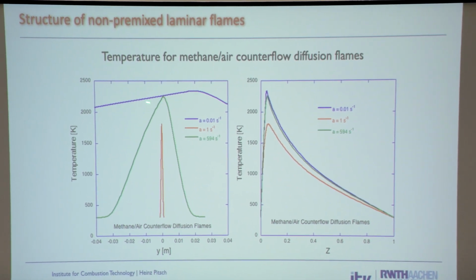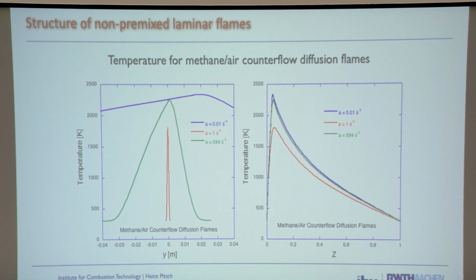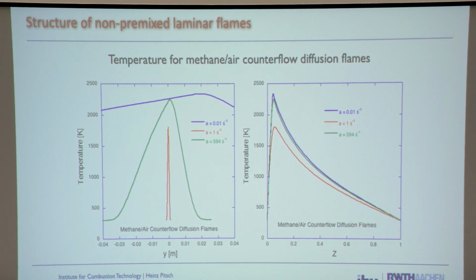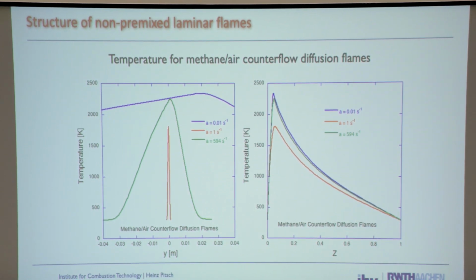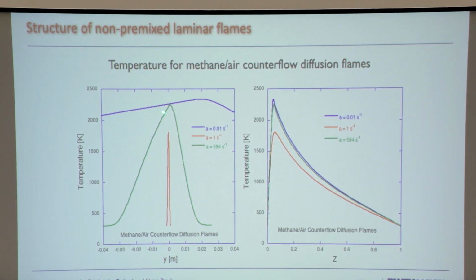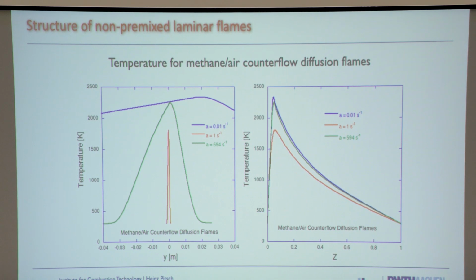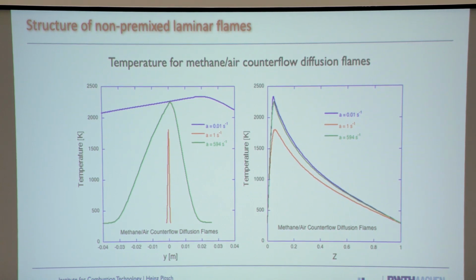This upper one actually goes like this, it's not shown all the way, but it goes all the way to this point, and on this side all the way to this point. Obviously the colors are switched. This here is the highest strain rate. The red and the green is the second highest. The green really is 1 per second, and this is 500. So this here is very, very close to extinction. This is a little higher, and you see the profile gets narrower.